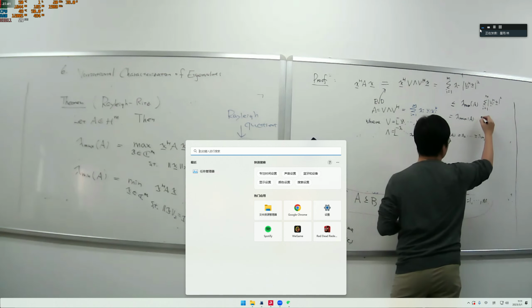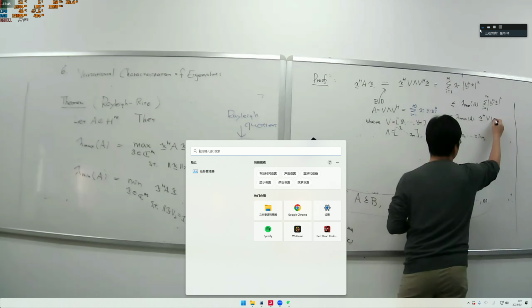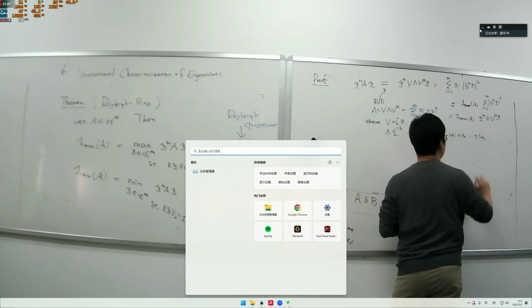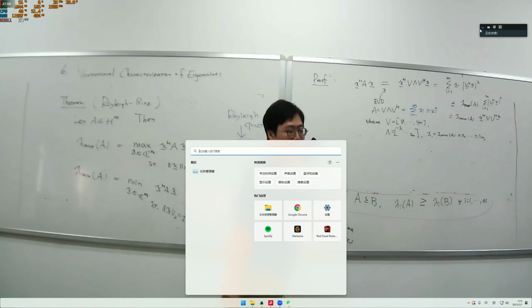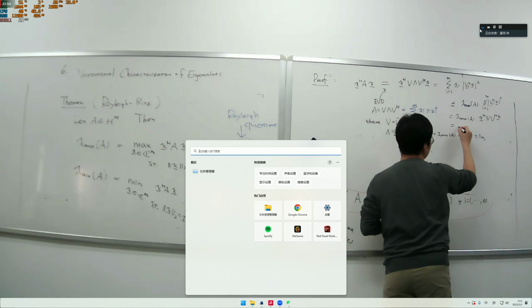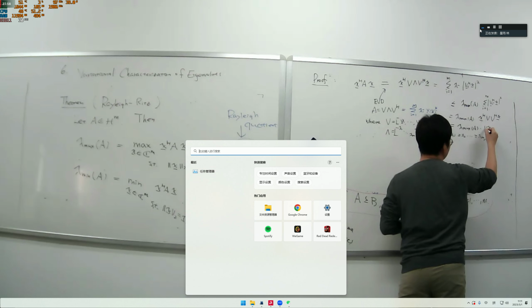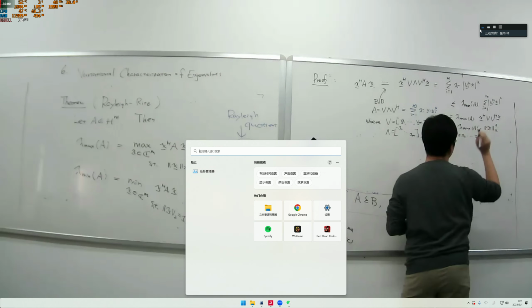How about this term? This is x Hermitian V V Hermitian x, and V V Hermitian is identity, so you get lambda max times the squared 2-norm of x.